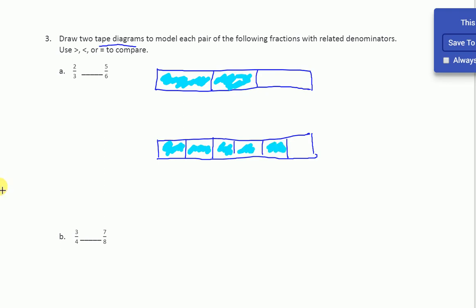I think it's readily apparent, or pretty clear, by looking at these two, which one is bigger? Well, let's see. This right here is 2/3, and this right here is 5/6.